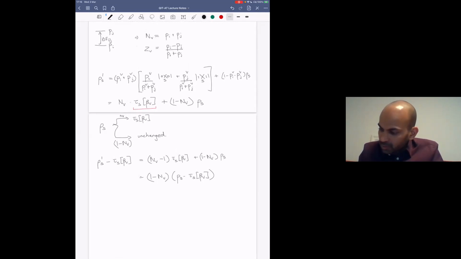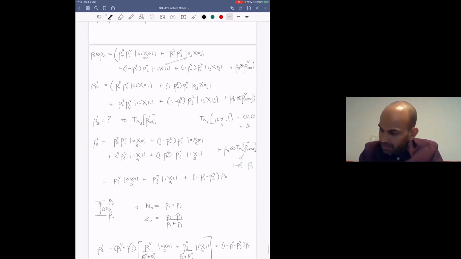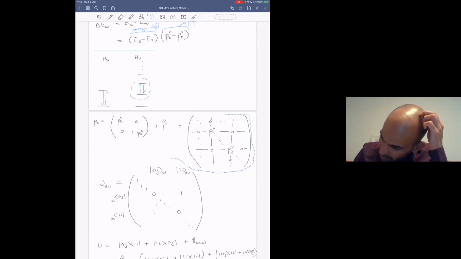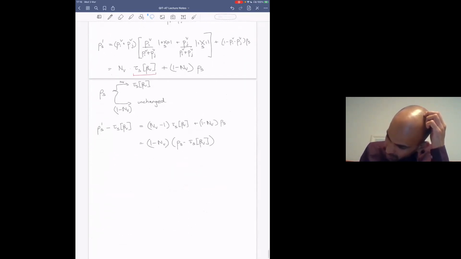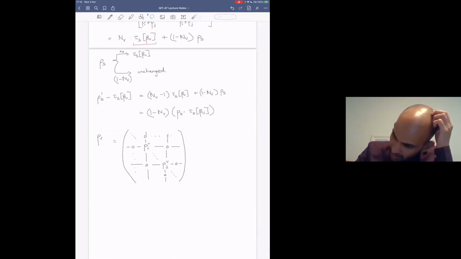Aha. So what I mean is, actually, there is another way of saying this, which I will do now. So this state here, I can write in the following form.